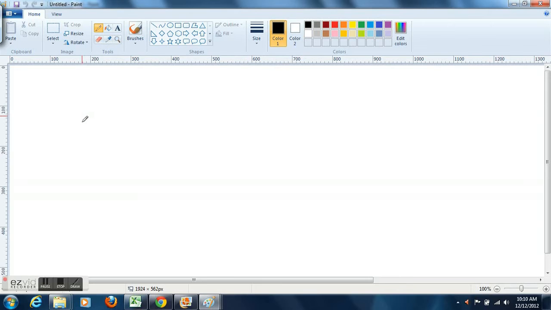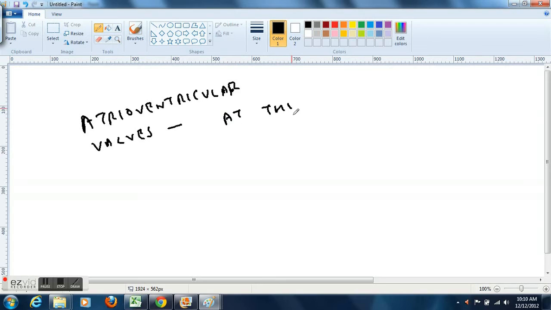Let us talk about a few more terms. Atrioventricular valves. Now remember the tricuspid and mitral valves we talked about. These two valves can together be called atrioventricular valves, because they are at the junction of atrium and ventricles.